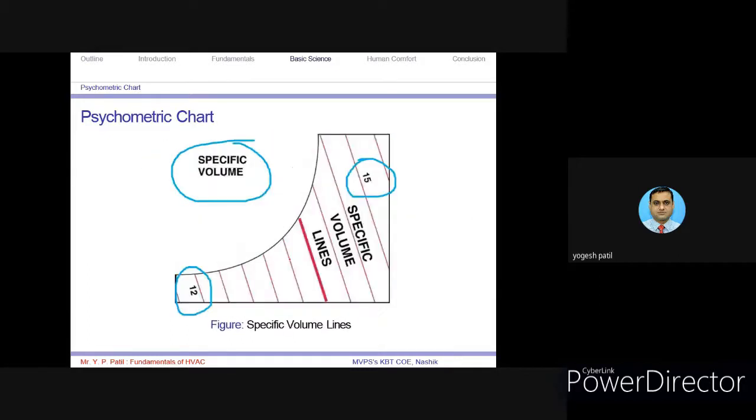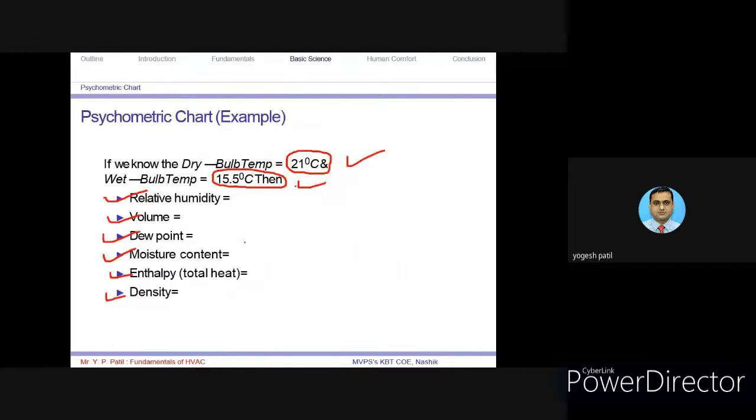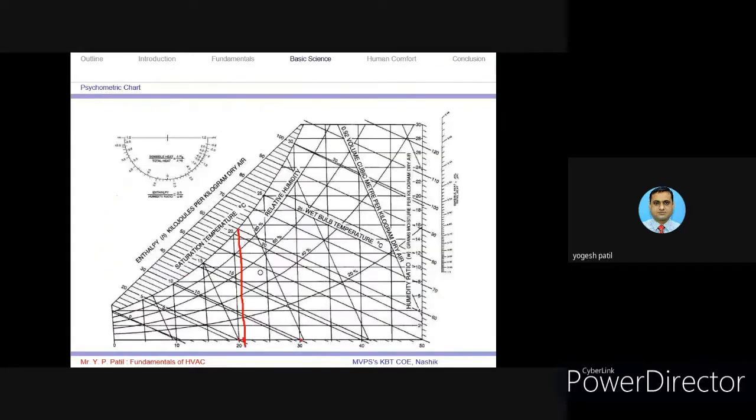Where is 15.5? This is 15, and this is the scale of 15 and 20, with 5 lines in between. Here there are 1, 2, 3, 4, 5, 6, 7 more lines. So 15.5 is very close to 15.